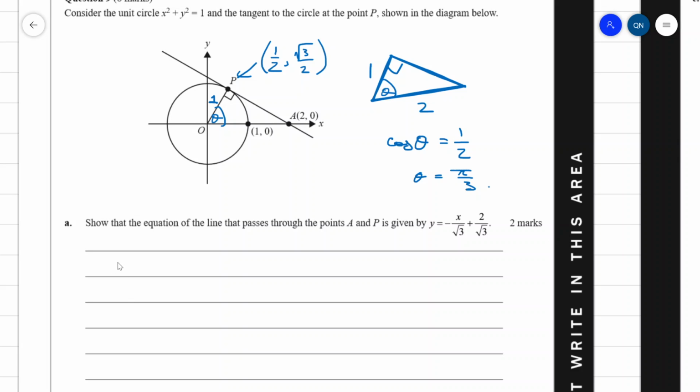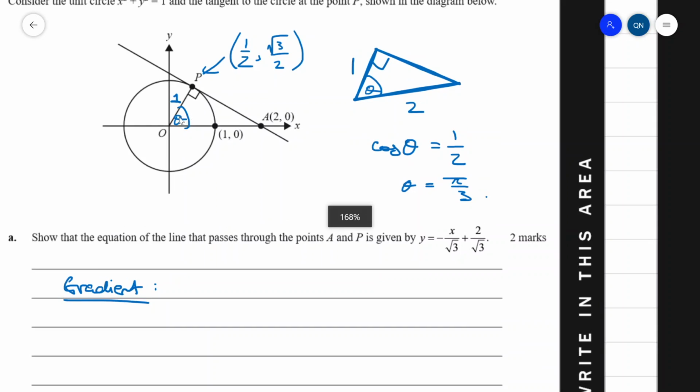So first of all, let's figure out the gradient of this line. Is there a shortcut to this? I'm not too sure. There might be though, because this angle is theta. So the gradient of this line over here is m equal to tan of pi on 3, because tangent gives you the gradient.